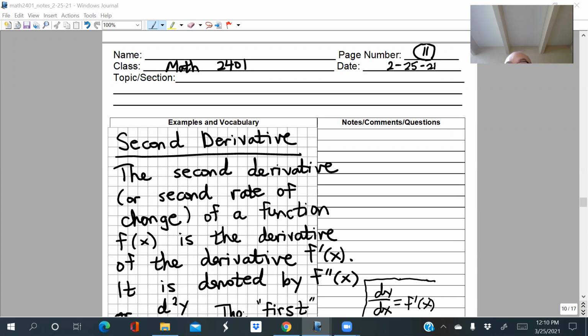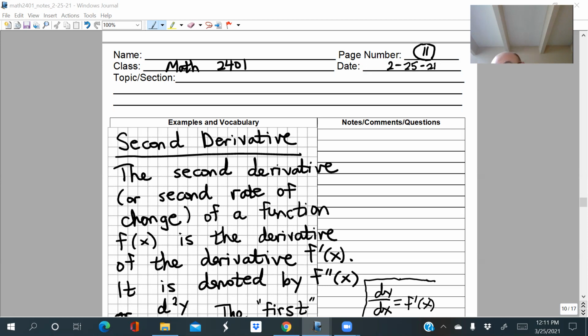We denote it in function notation by using 2 prime marks, because the derivative is f prime. If you take the derivative of the derivative, you're taking the prime of the prime. So that's our function notation for the second derivative.